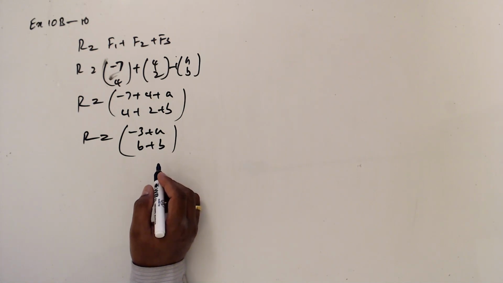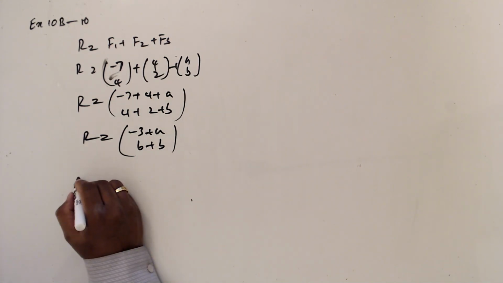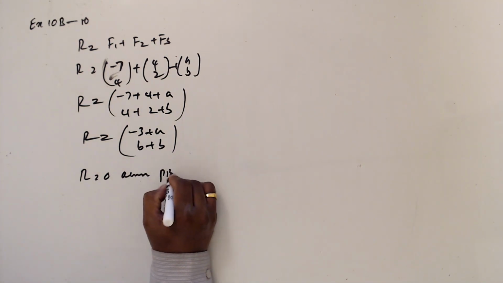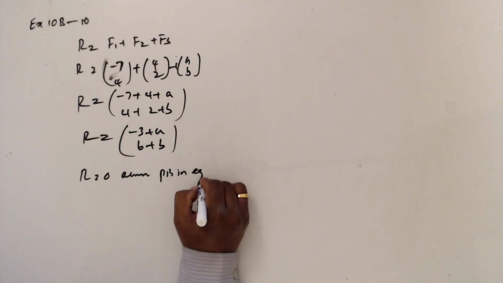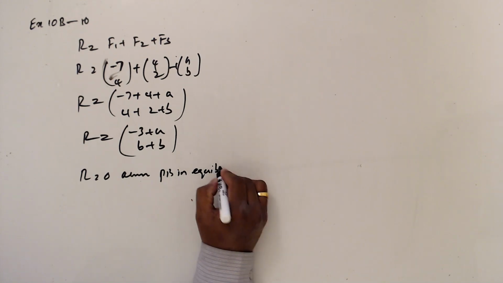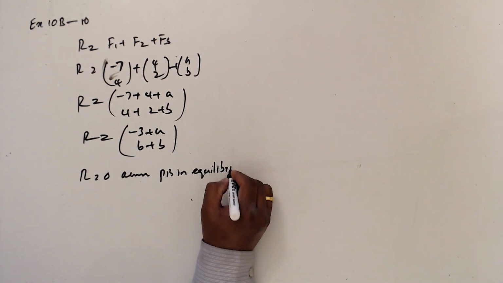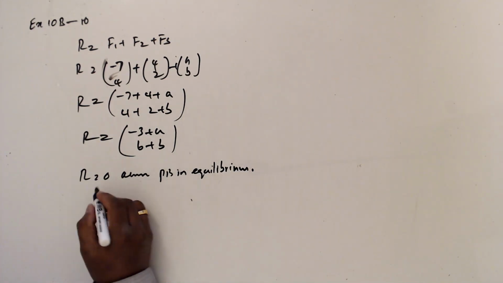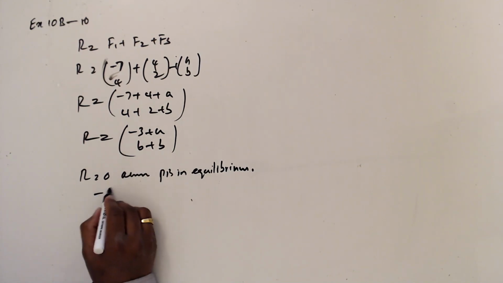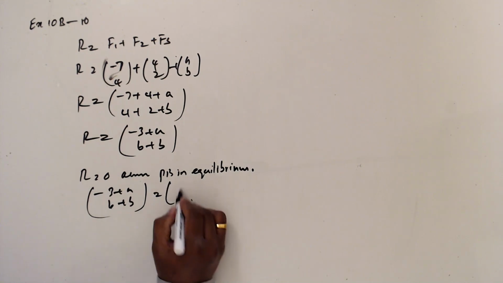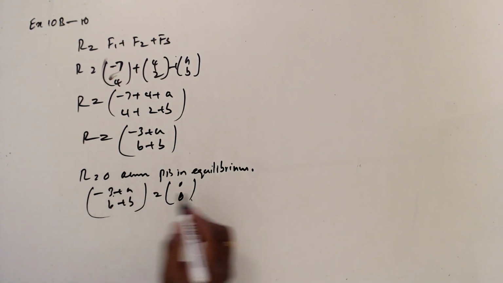Now R equals 0 as P is in equilibrium. Hence minus 3 plus a and 6 plus b equal 0 and 0.